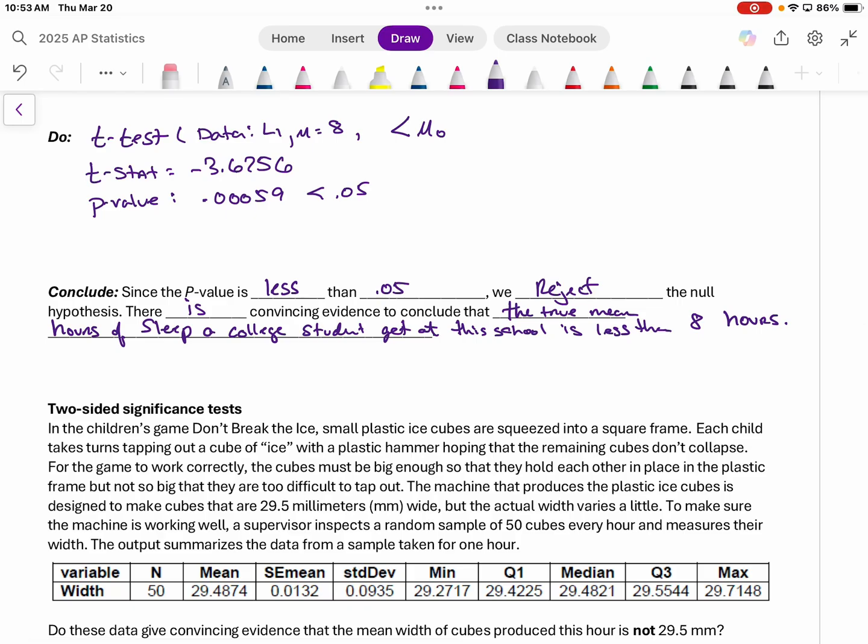Now, sometimes we have the benefit of them giving us the information from a set of data in a nice summary table, and we have to create the test statistic from there. That's why I have this one built in here so we can practice.